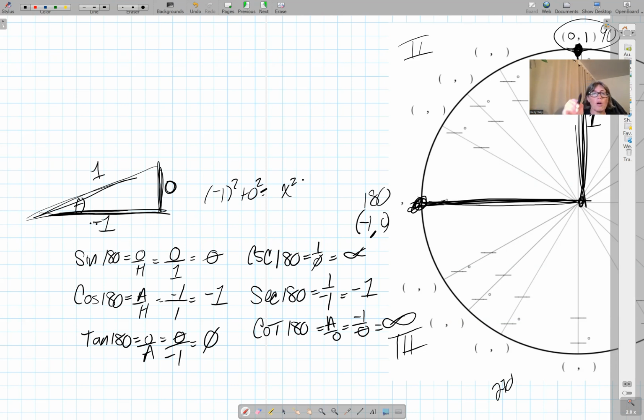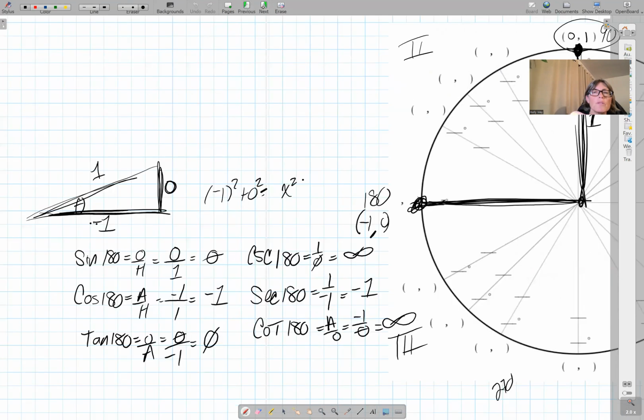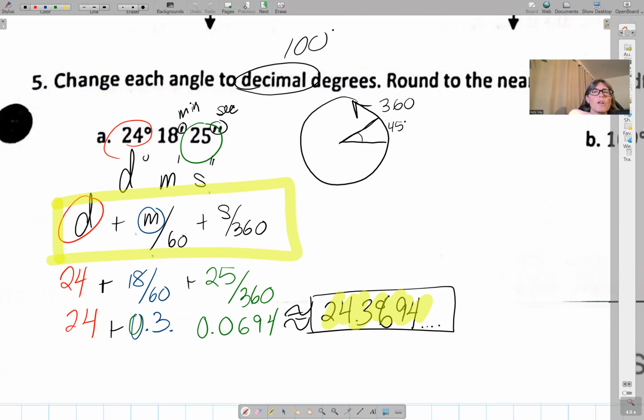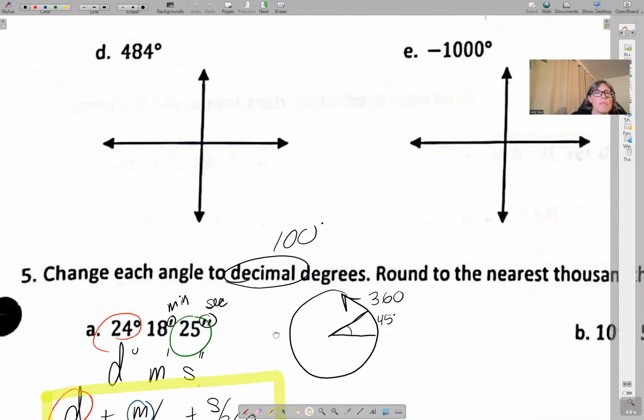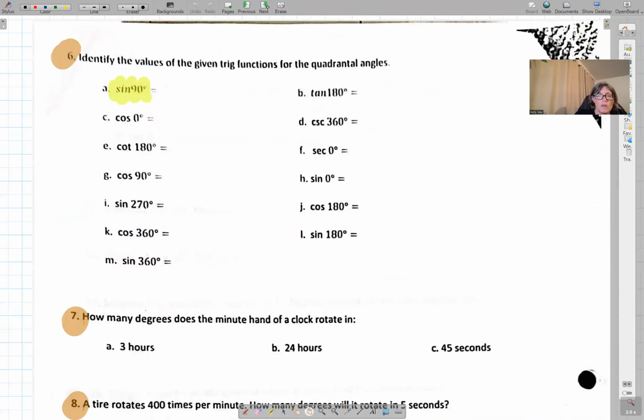Okay, so these are the various coordinates at 90 and then 180, and you can just keep walking around the entire circle. There is a chart. You can easily look this up if you want, but it's important, before you just do stuff randomly, that you know where it is coming from. There it is.